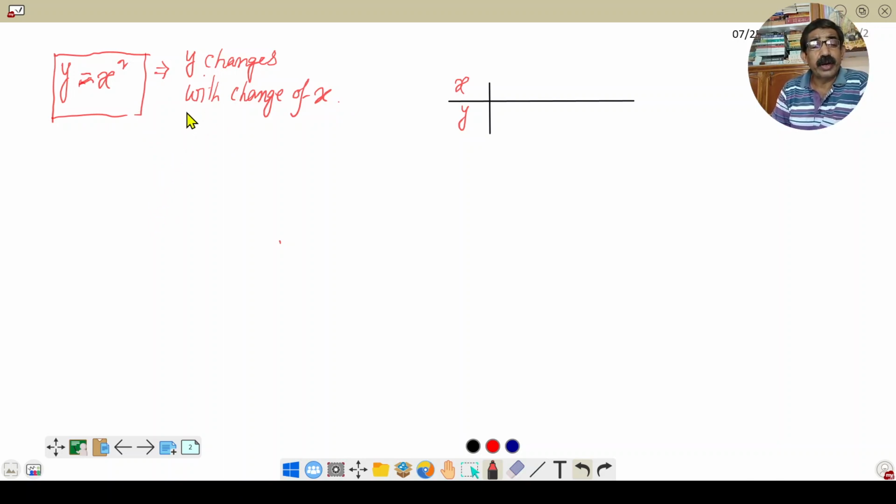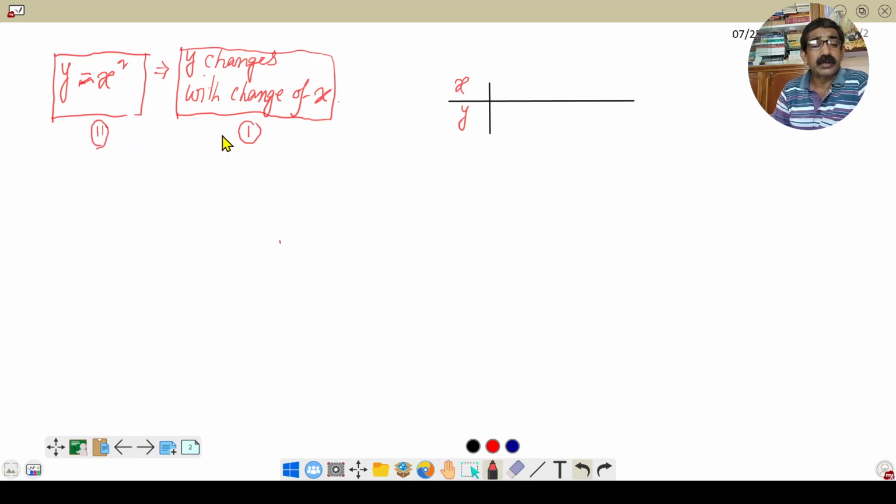So y changes with x, and what is the rule of change? The rule of change is given here more explicitly. So this information gives this information, y changes with x. This is one kind of information, and this is another kind of information.